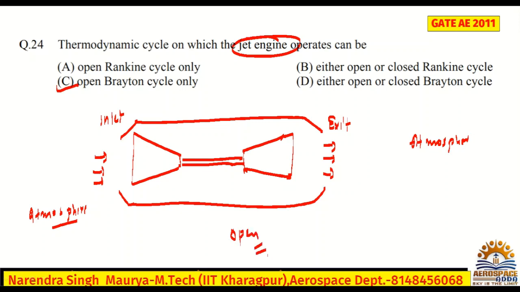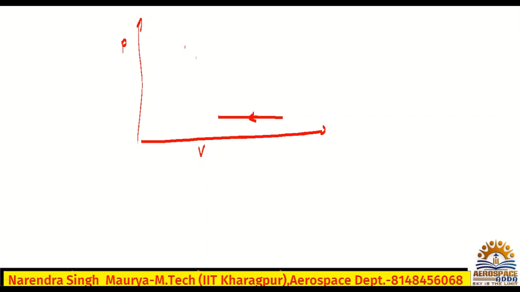And you know very well, a jet engine always operates on this PV plot. This is the compression, the compressor. Then here we have heat addition.